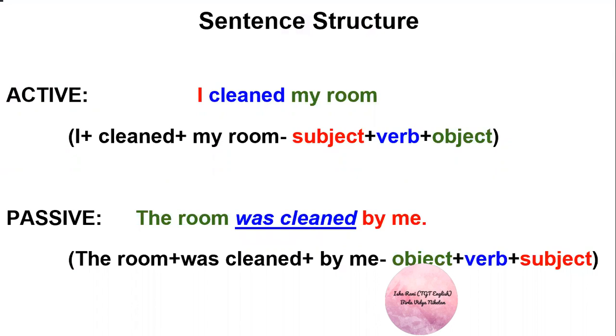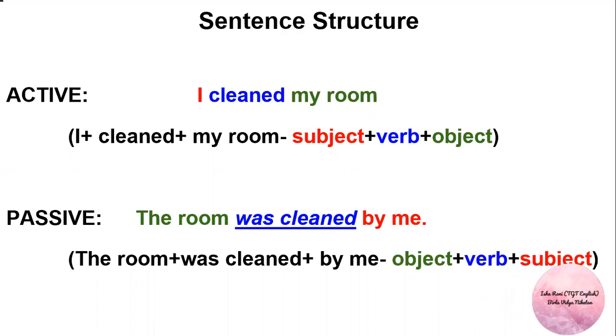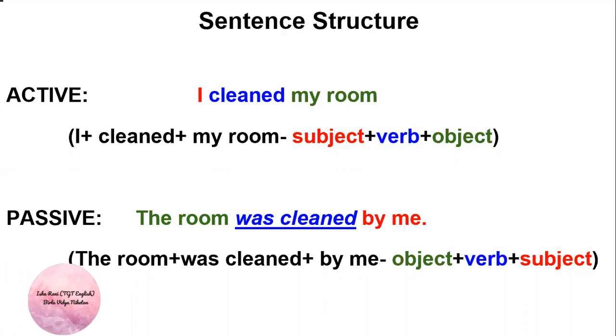So, when we speak to someone, we normally use active voice. For example, I cleaned my room today. Now, let's consider this example. You want the focus to be on the room and not yourself or the person speaking. So, technically, a person is the subject and a room is the object.